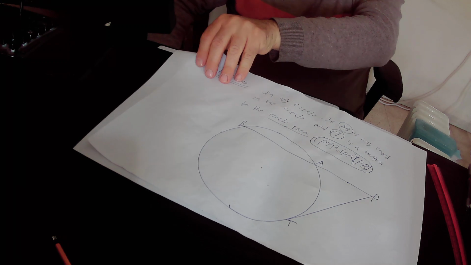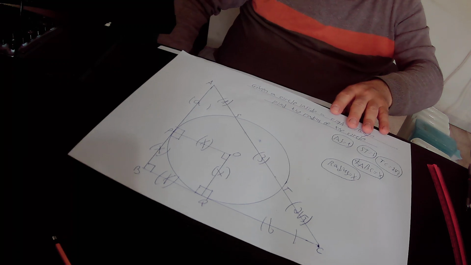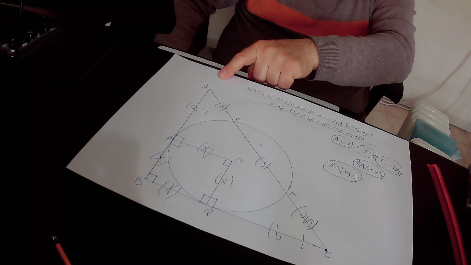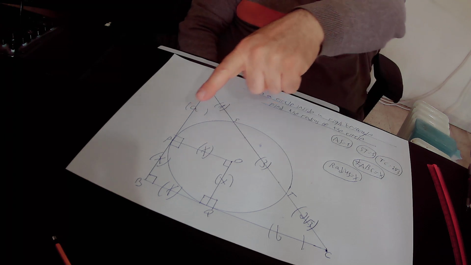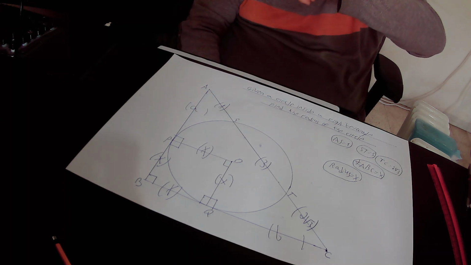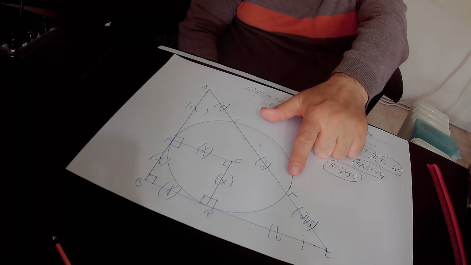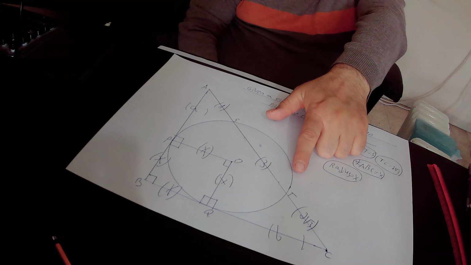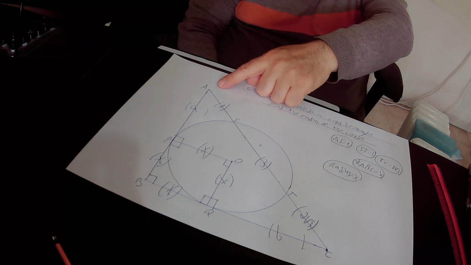We can actually implement rule 10 in our drawing. Why? Because in our drawing, if you focus at point A, from point A we have tangent AP that is tangent to this circle at point P. And we also have the extended chord TS that touches point A here.